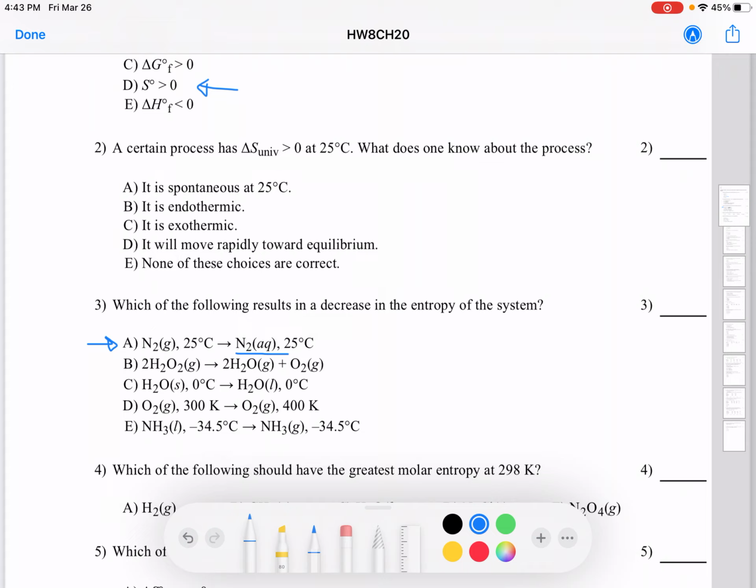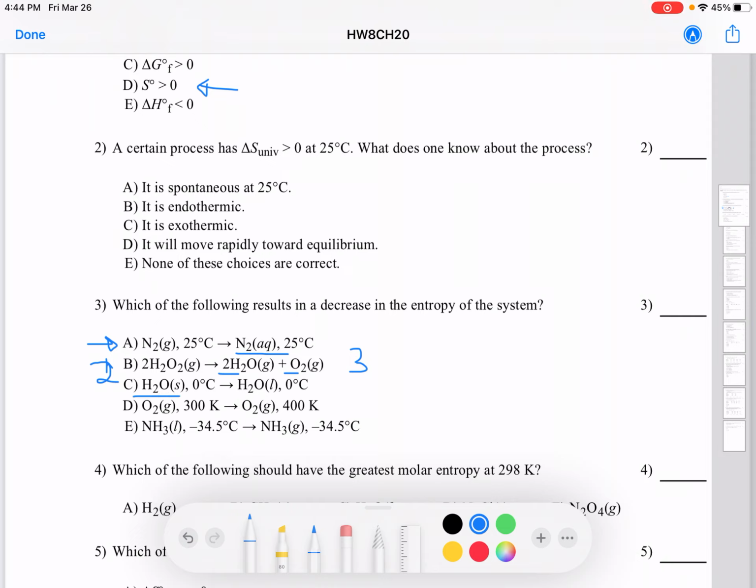And then the second one, hydrogen peroxide gas becoming water gas and oxygen, so two molecules of hydrogen peroxide giving you 2 H2O and 1 oxygen. We have 3 molecules coming from 2 molecules, so the entropy increases.